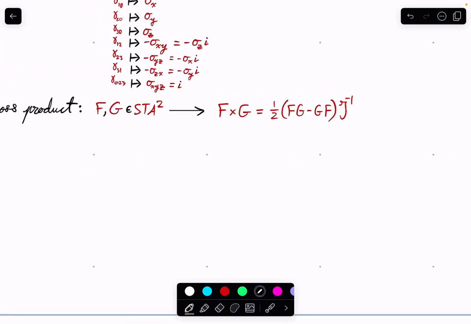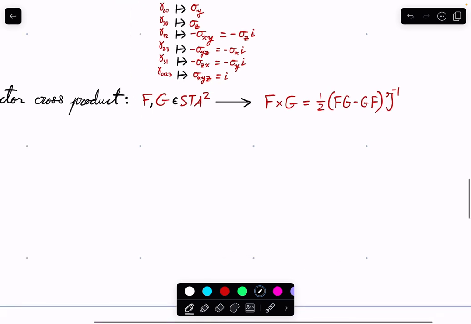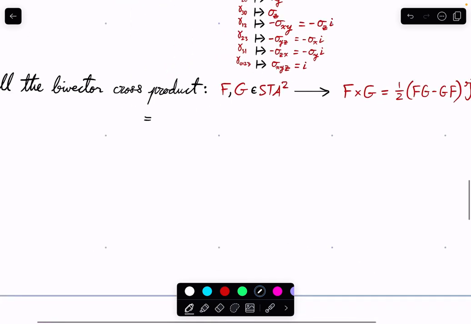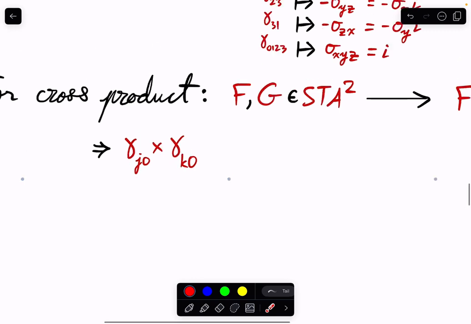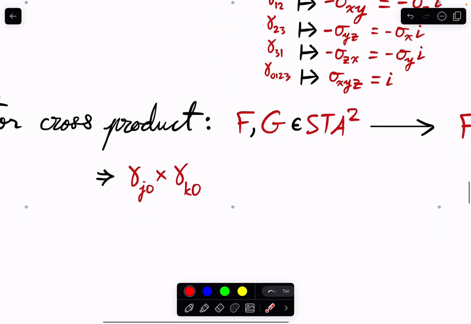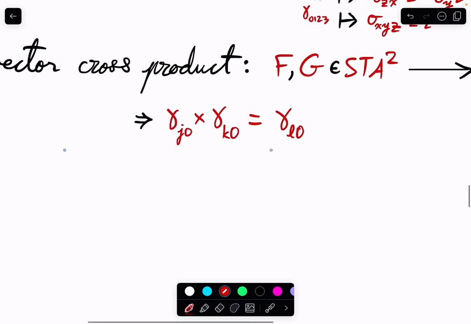Well, this implies that gamma j naught cross gamma k naught, so these are just different bivector bases up here, gives you another one, gamma L naught.